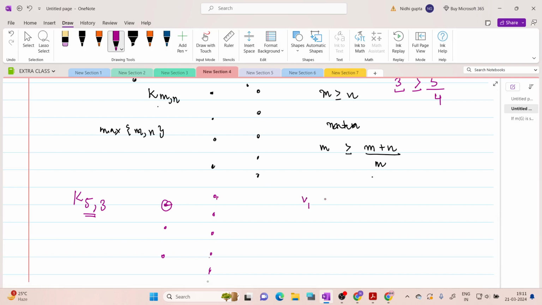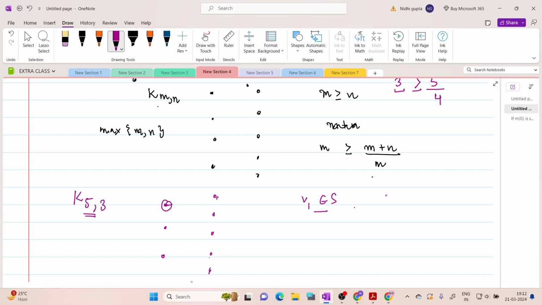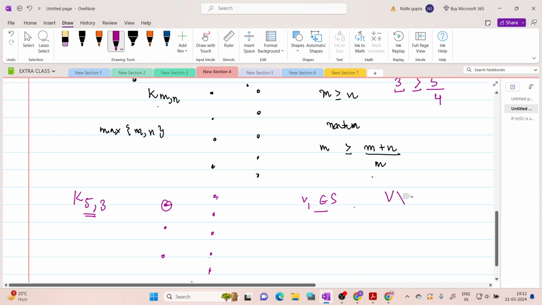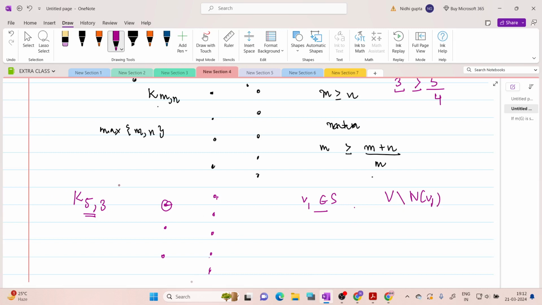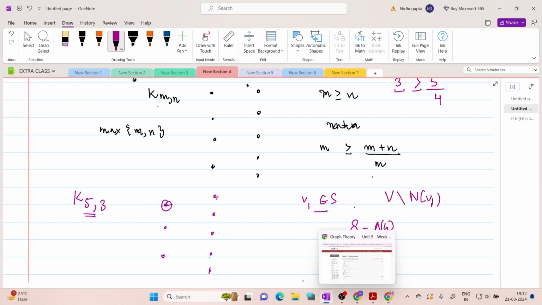If v1 belongs to S, then the next vertex in the independent set should not be its neighbor. The next vertex we have to find from V minus the neighbors of v1, which is 8 minus the maximum degree.